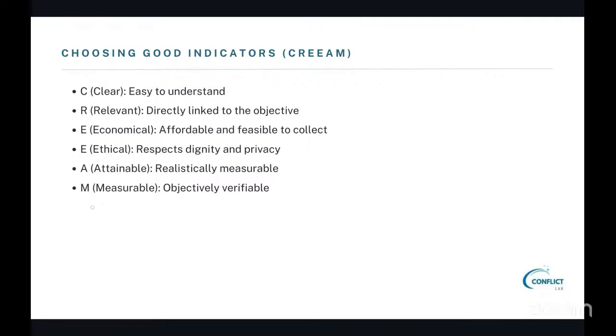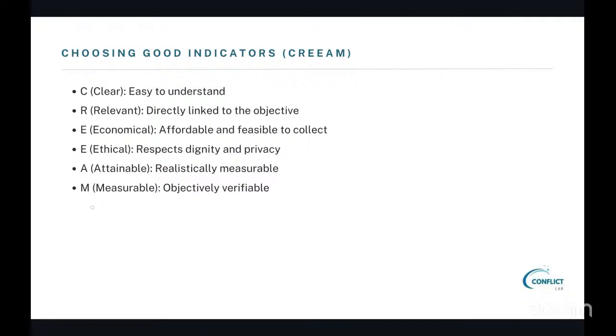Economical. If you're trying to acquire the data, it has to be affordable and feasible to collect. Ethical, of course, respecting dignity and privacy. This is extremely important. And then you have attainable, realistic, as I said earlier, that has to be a realistic measure, and measurable, objectively verifiable.